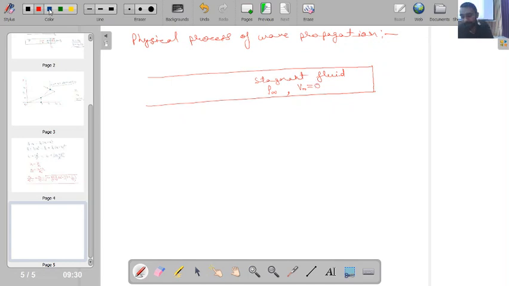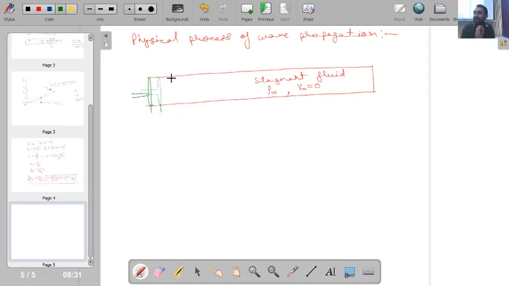Now if I take a piston cylinder, and I displace this piston through a small amount, from say this point to this point, then the fluid molecules in the immediate vicinity of this piston will get slightly compressed.